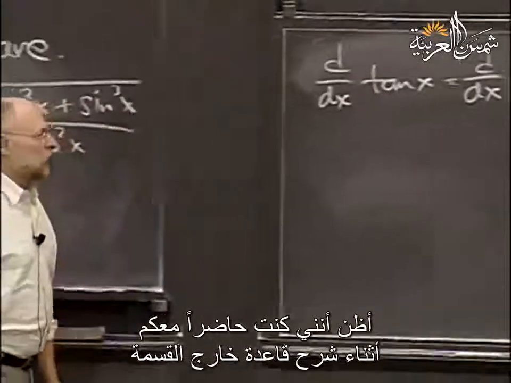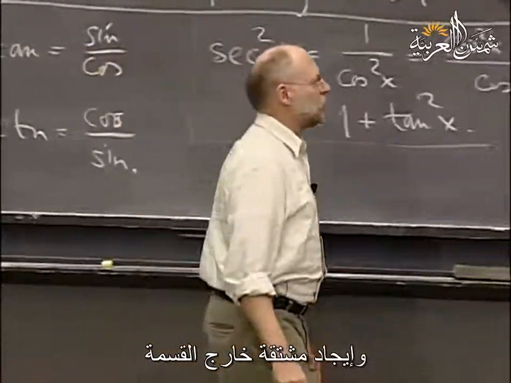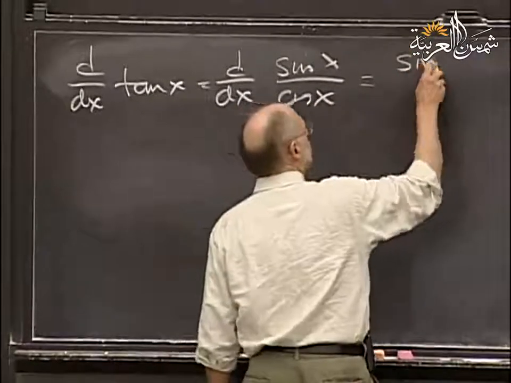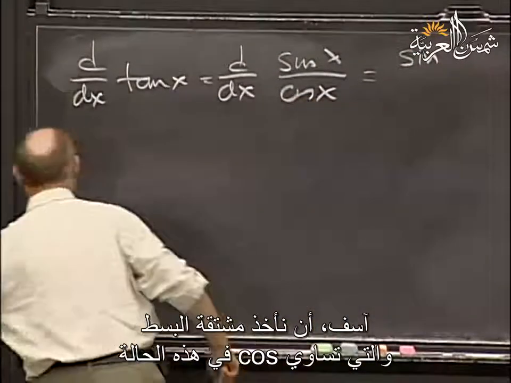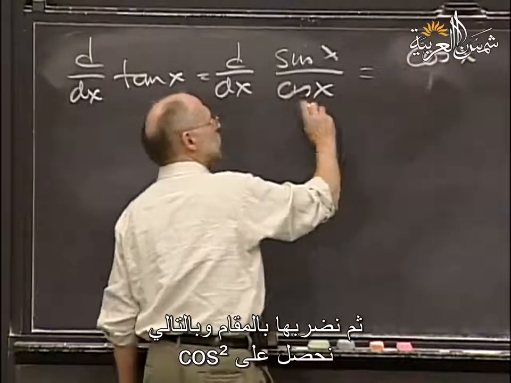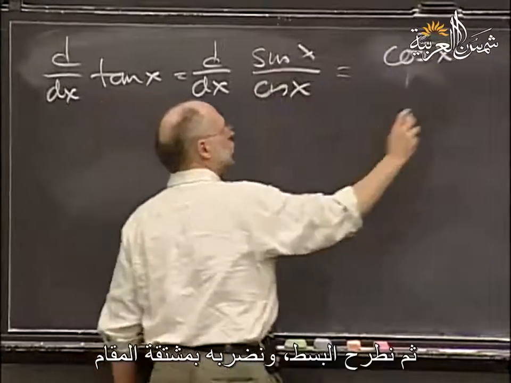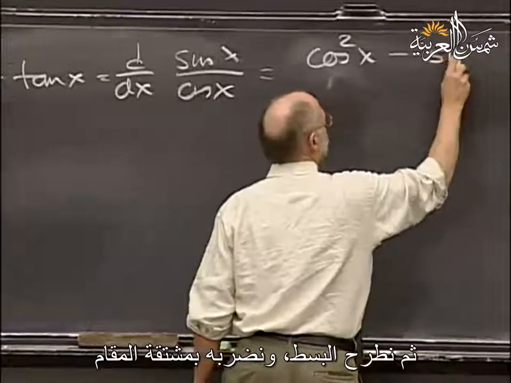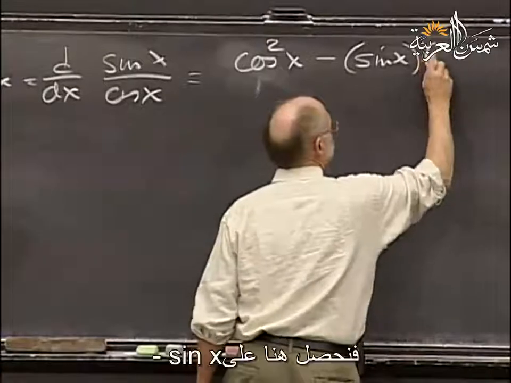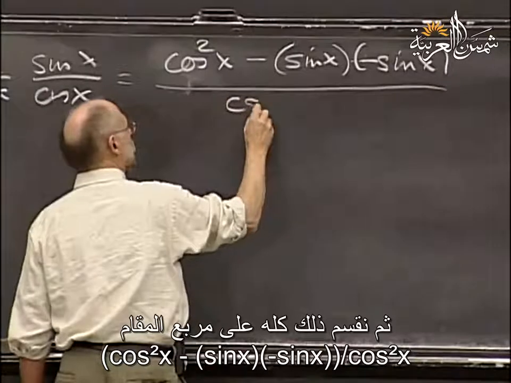So I think I was with you when we learned about the quotient rule, computing the derivative of a quotient. And the rule is you take the derivative of the numerator, which is cosine, and you multiply it by the denominator, so that gives you cosine squared. And then you take minus the numerator, and multiply that by the derivative of the denominator, which is minus sine of x. And you put all that over the square of the denominator.